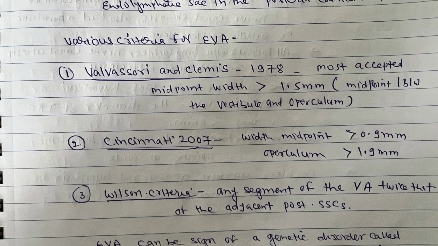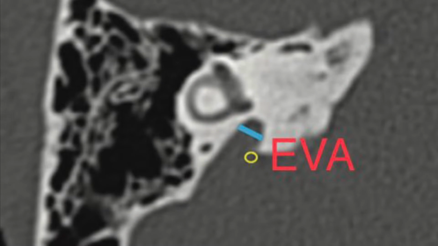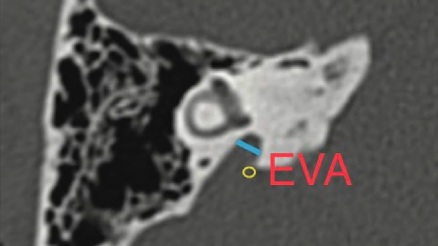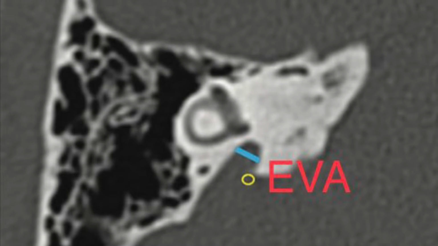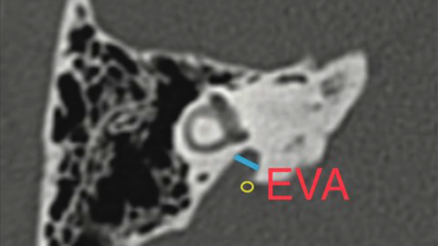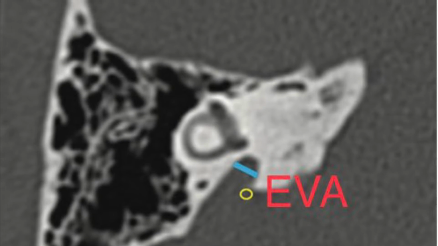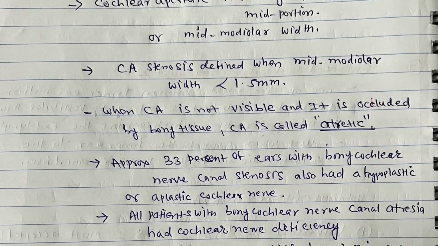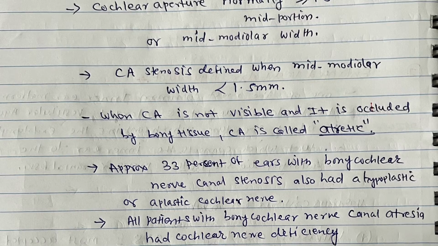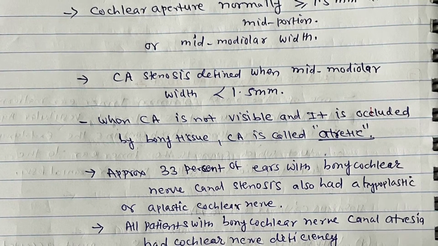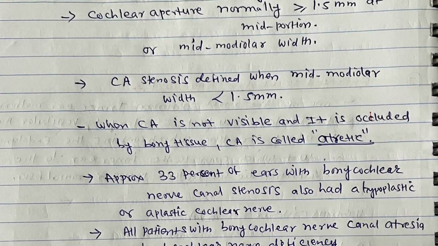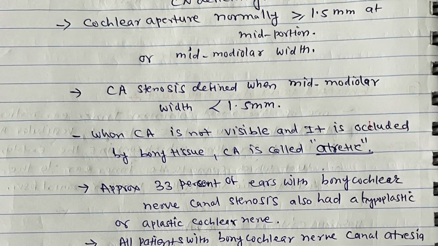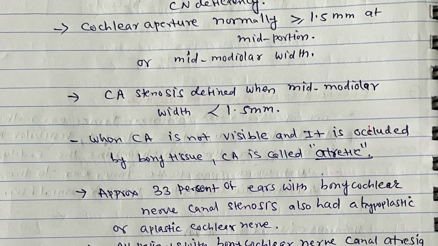Enlarged vestibular aqueduct. If the vestibular aqueduct is more than 1.5 mm, it is an enlarged vestibular aqueduct. It may be found with an associated anomaly or alone in development. It is the seventh type of inner ear malformation. You can judge by the diameter; according to Valvassori and Clemis, if the midpoint width is more than 1.5 mm, it is an enlarged vestibular aqueduct.